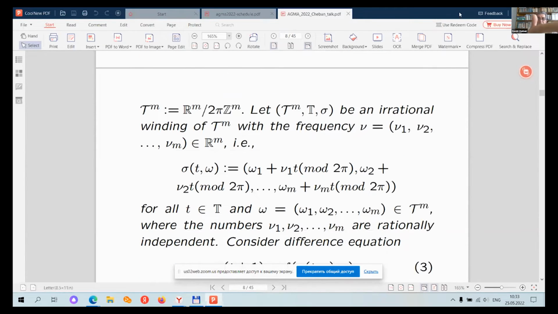Denoted by T^m, the standard m-dimensional torus. On this torus, we consider a dynamical system, namely the irrational winding on T^m.